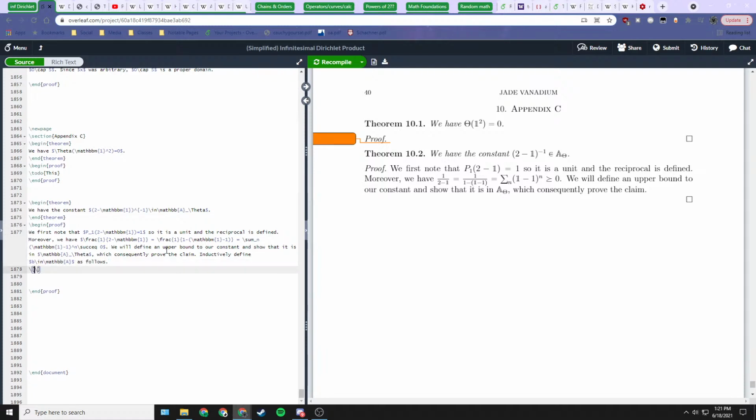The definition will be an inductive definition, so we'll have P sub k of B defined as equaling 1 plus the sum from k equals 2 to n of P sub something of B, and that something is the floor of the fraction n over k.